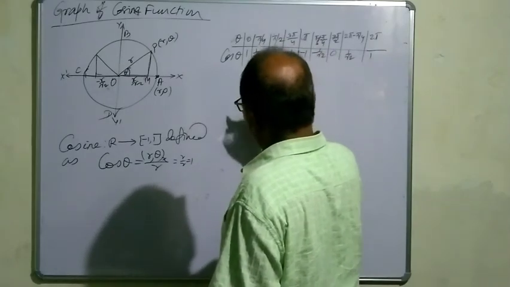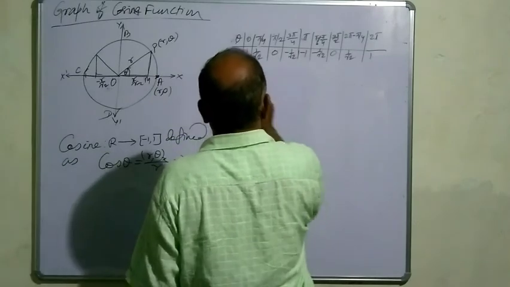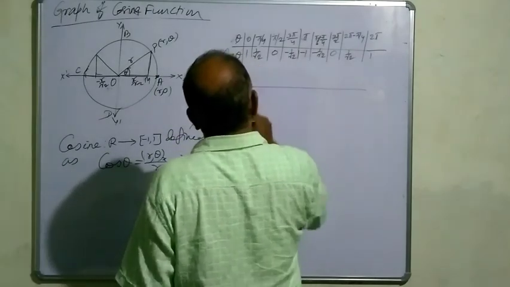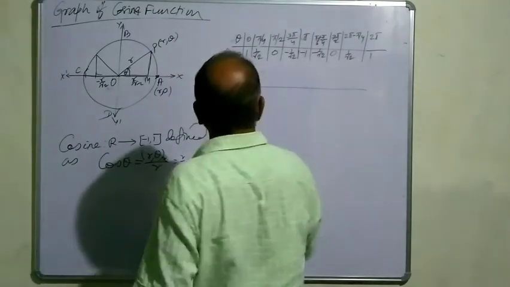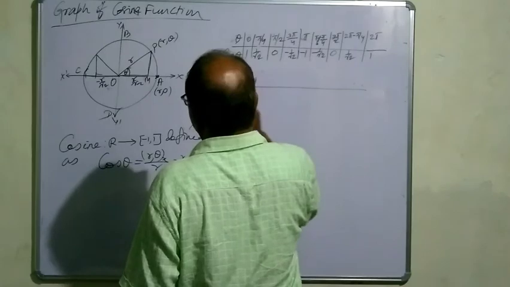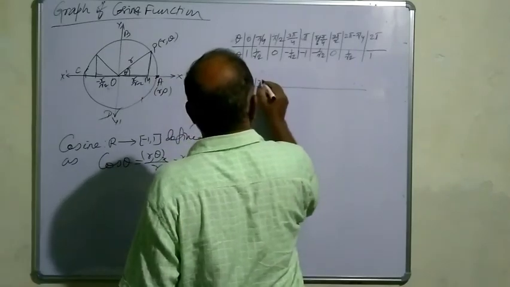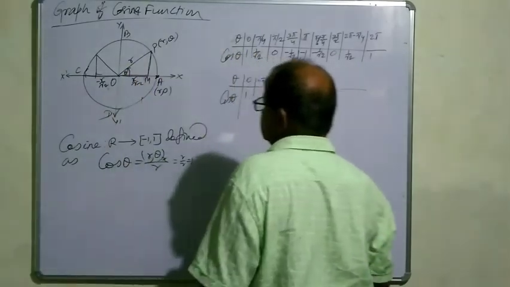Similarly, for negative values of theta you may take cos theta. It was 1 at 0. If it is minus pi by 4, you are moving clockwise.